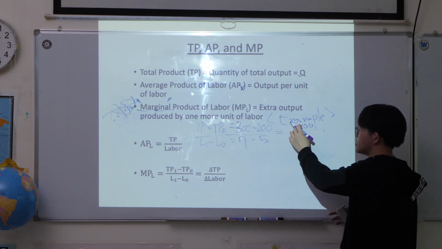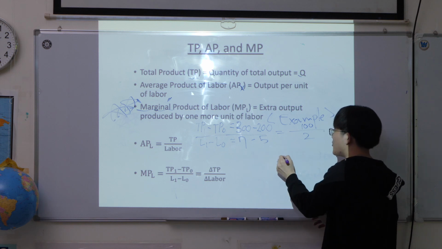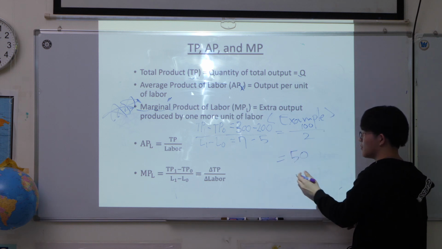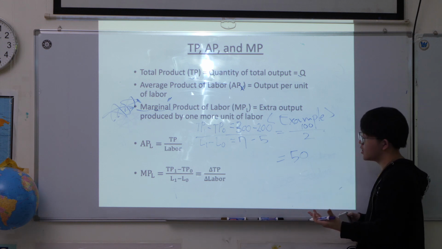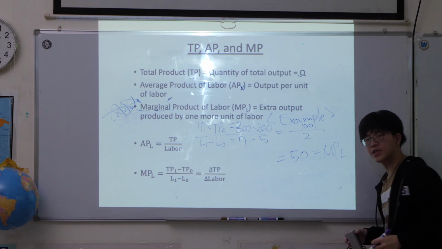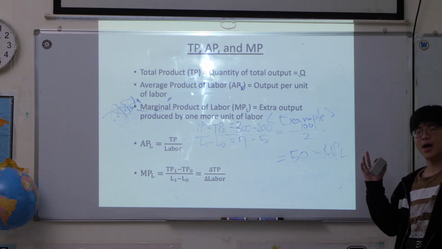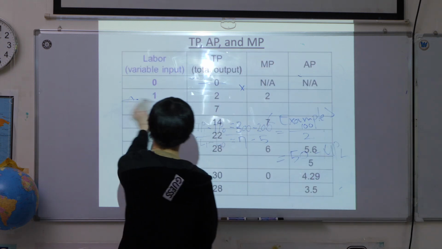If we divide 100 by 2, we have 50 per teacher, or per unit of labor, which is the marginal product of labor for our school's education capacity. Okay? So we will move on to the next.